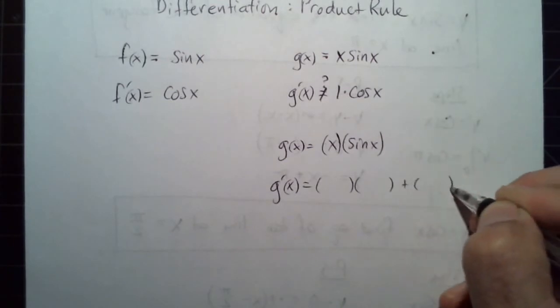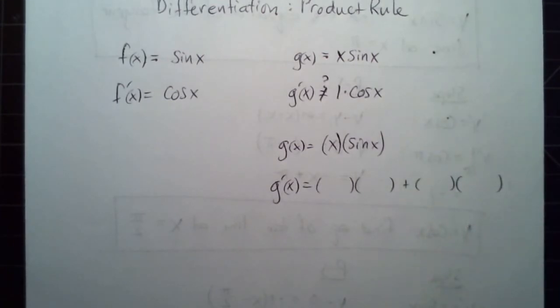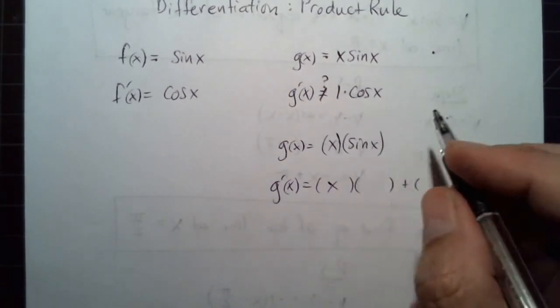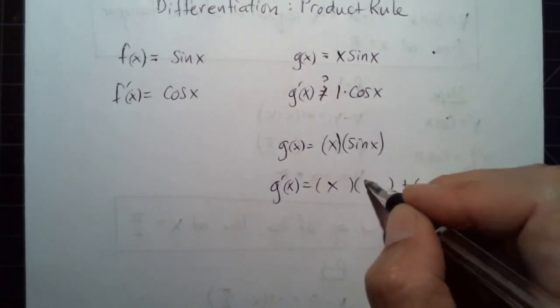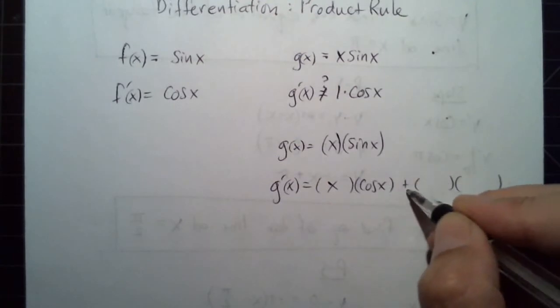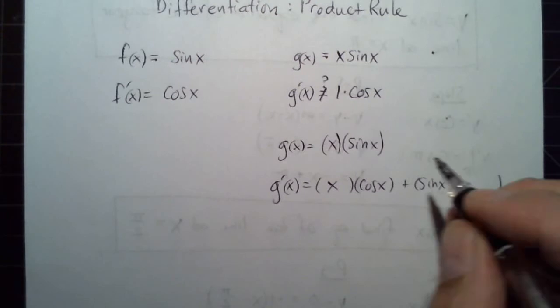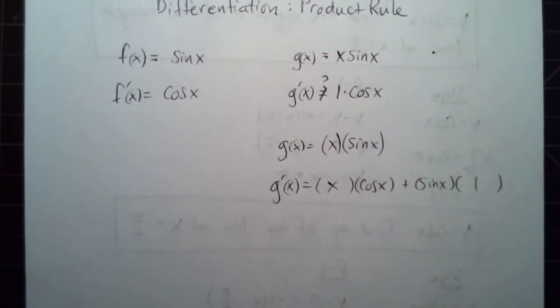Here's a good way to organize it: the derivative is the first factor times the derivative of the second factor plus the second factor times the derivative of the first.